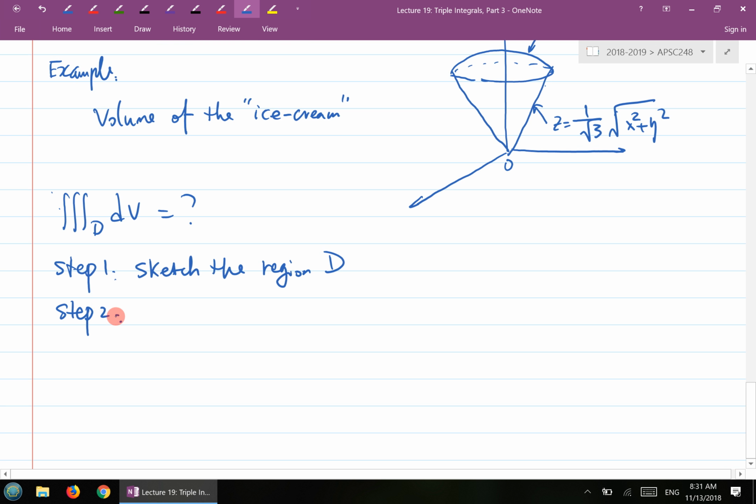And the second step is we still need to draw the shadow, because we need this shadow for the theta. We draw the shadow of region D in the xy plane.